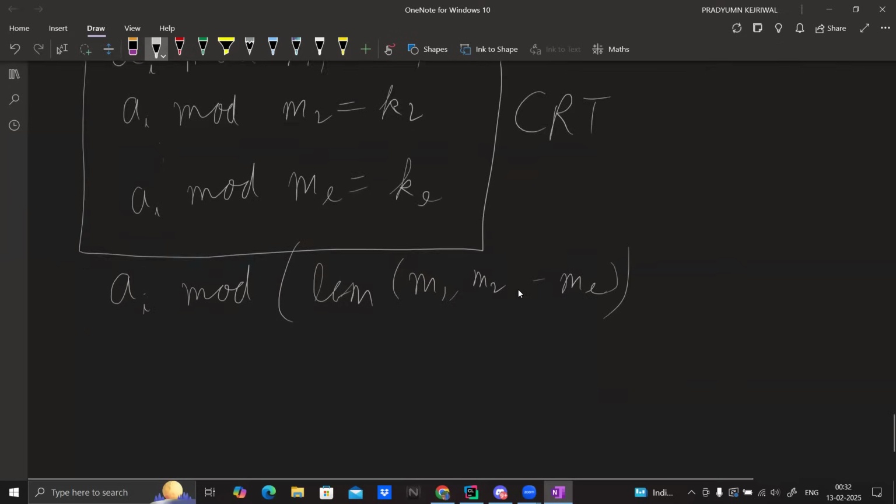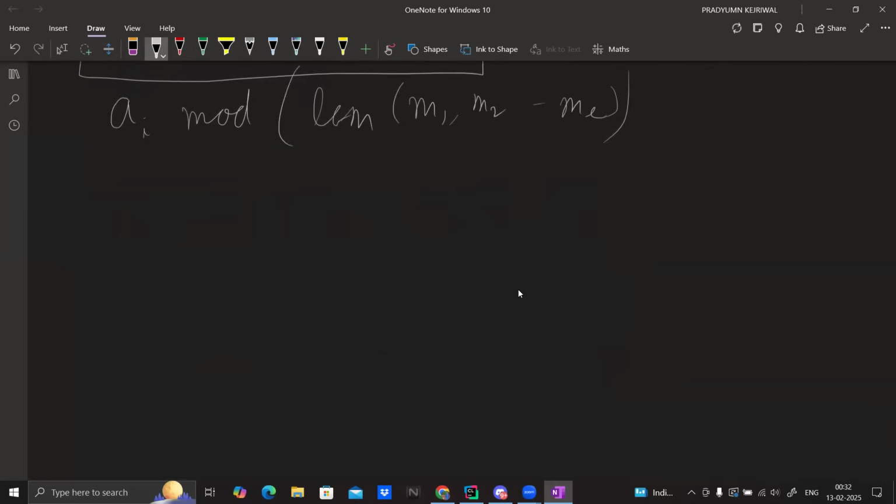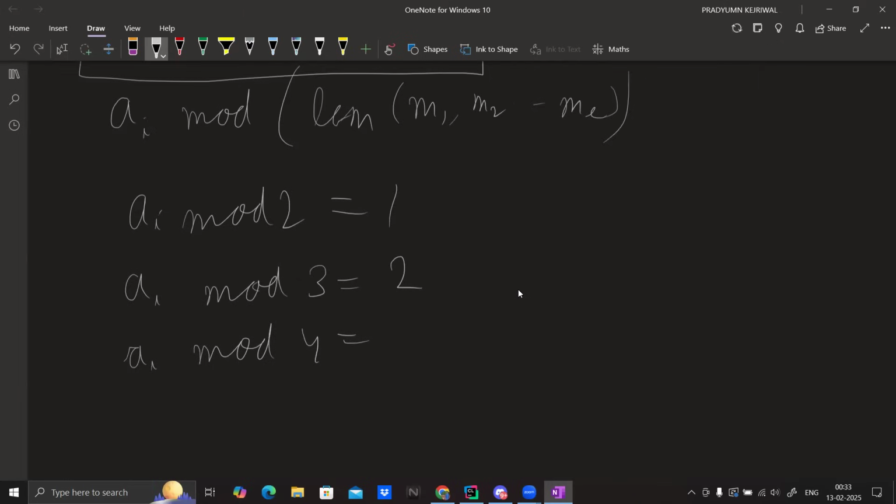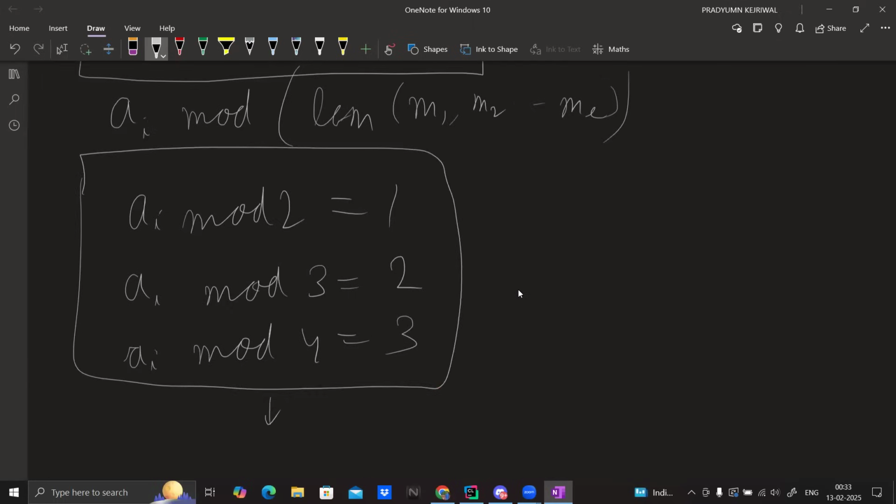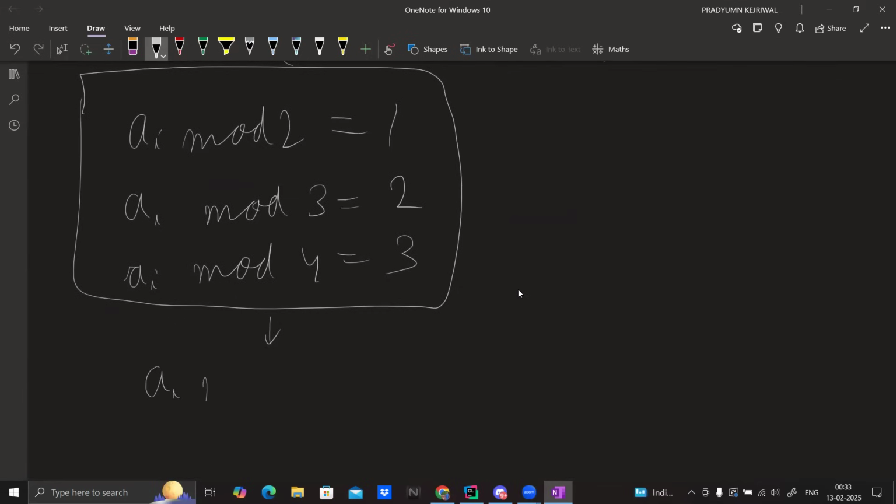So let's say we have three equations. I want AI mod 2 to be equal to 1, AI mod 3 to be equal to 2, and AI mod 4 to be equal to 3. Then the solution to these three equations will be of the form AI mod the LCM. What is the LCM of 2, 3, and 4? 12. So AI mod 12 will be something.